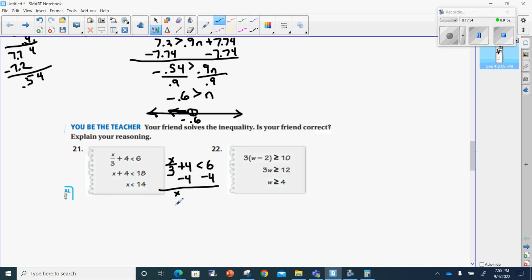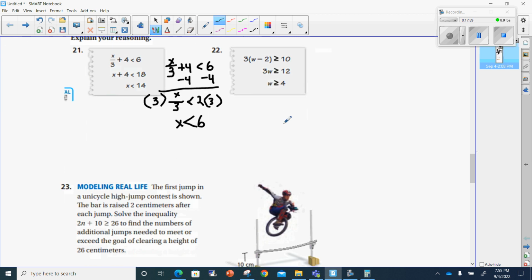That gave us x over 3 is greater than 2. Then we would have multiplied by 3. This would give me x. We didn't divide by a negative number, so the symbol stays there. 2 times 3 is 6. So there should be x is less than 6. It doesn't say to go ahead and graph, so I'm going to leave it like that.